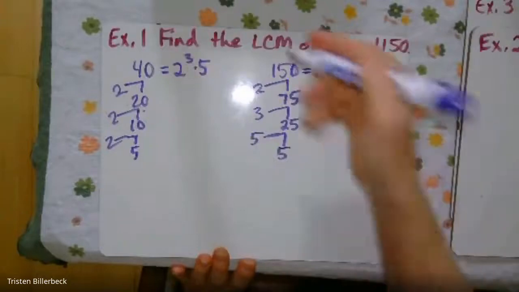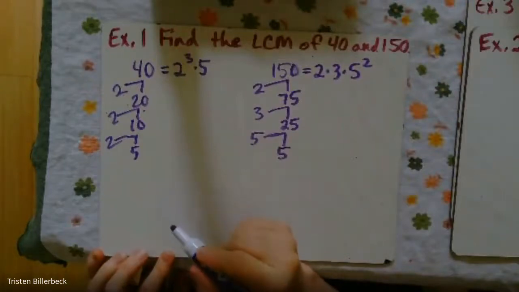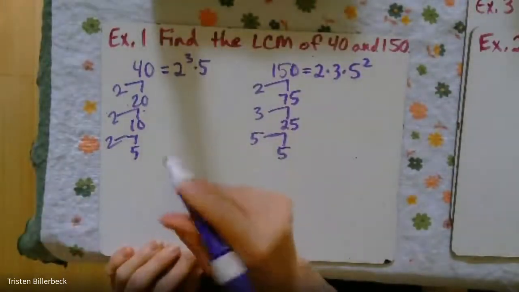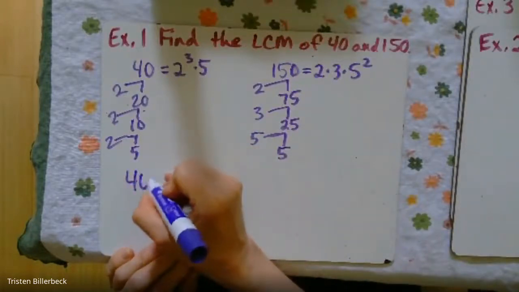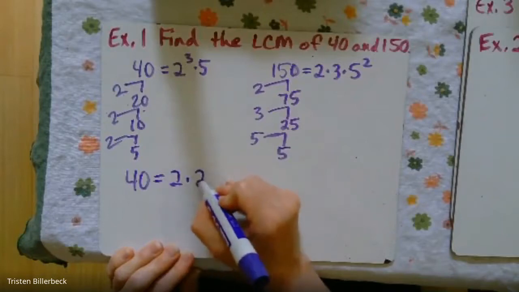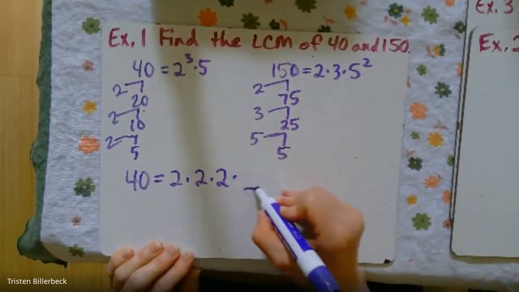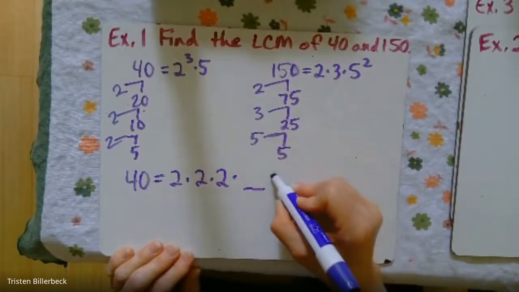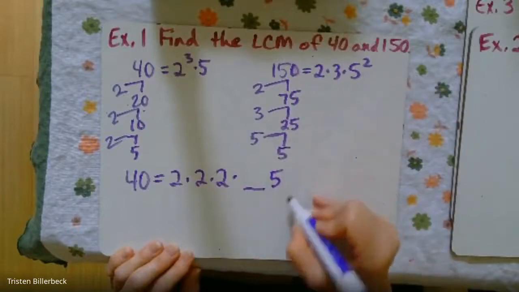So now when we want to find the least common multiple, what we're going to do is write this out. So we have 40, and we're going to make lots of room. So 2 times 2 times 2. This one has a 3, so we're going to leave a little space for a 3. And then we have a 5 over here and a second 5 over there.